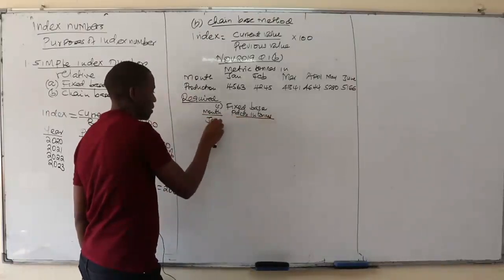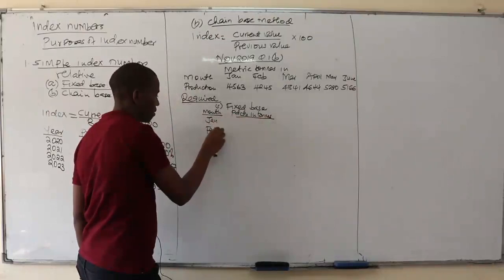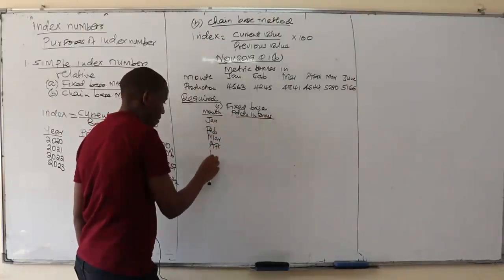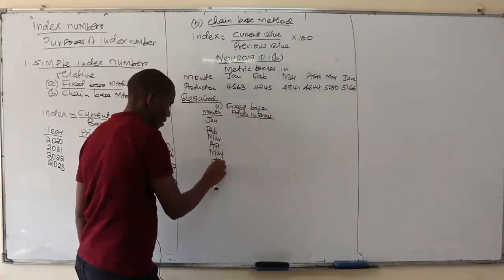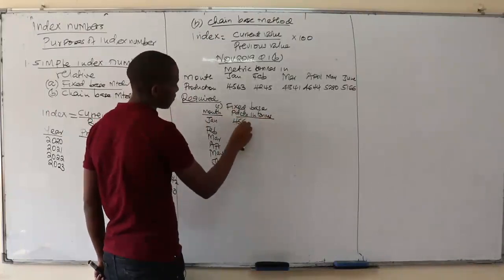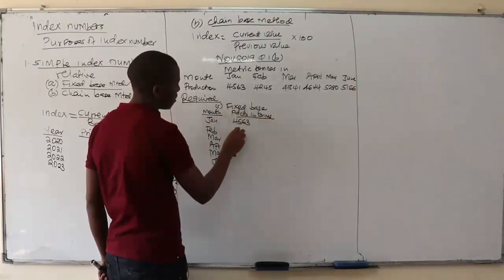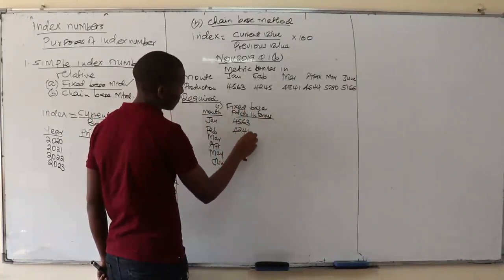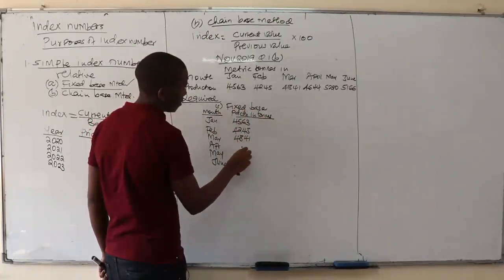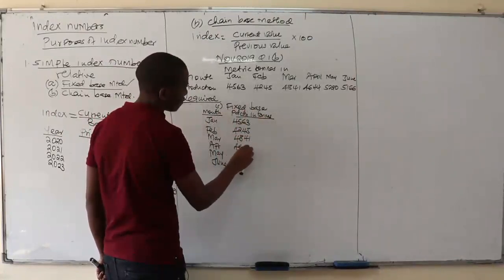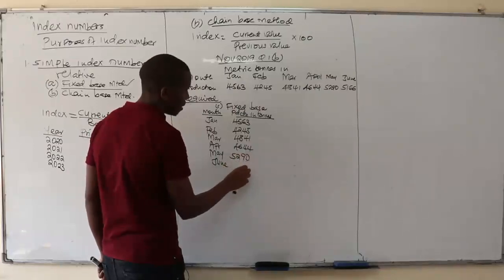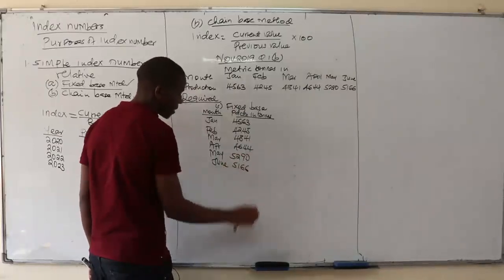We have January, February, March, April, May, and June, where January is 4563, 4245, 4841, 4644, 5290, and also we have 5166.